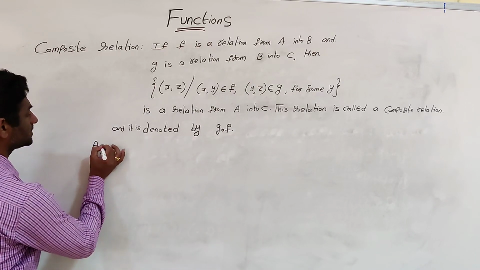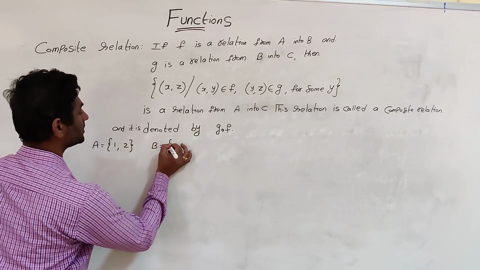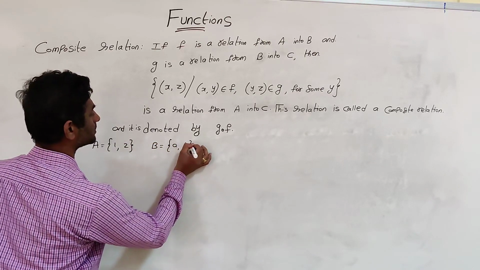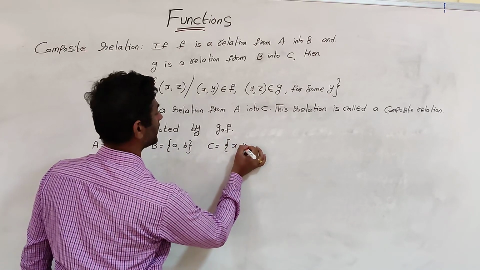If A is a set {1, 2} and B is another set {a, b} and C is another set {x, y, z}.